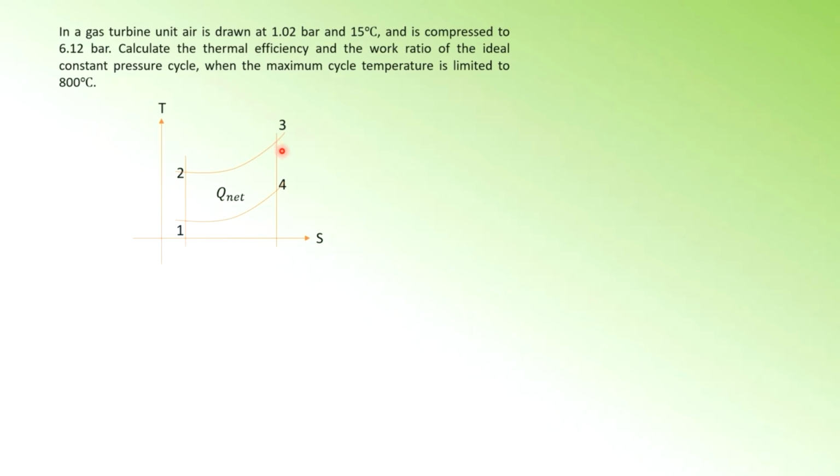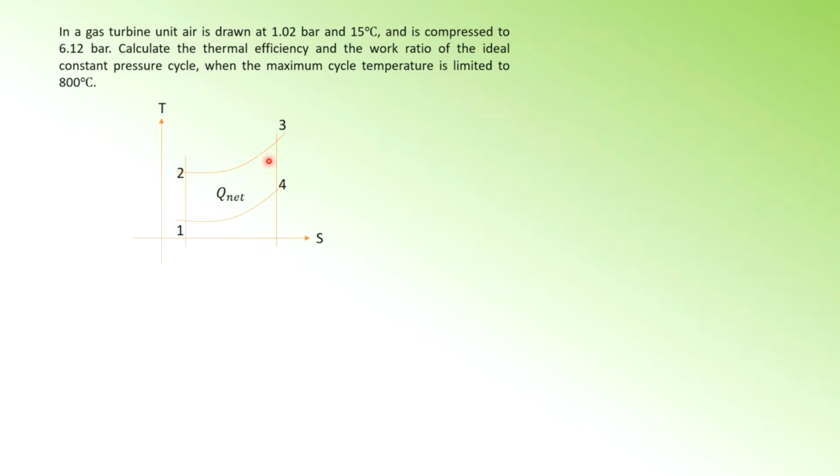So 2 to 3 should be your heat supply, 4 to 1 should be your heat rejected, because from 4 to 1 the arrow will be in the direction of decreasing entropy. Remember, increase in entropy is heat supply, decrease in entropy is heat rejected.